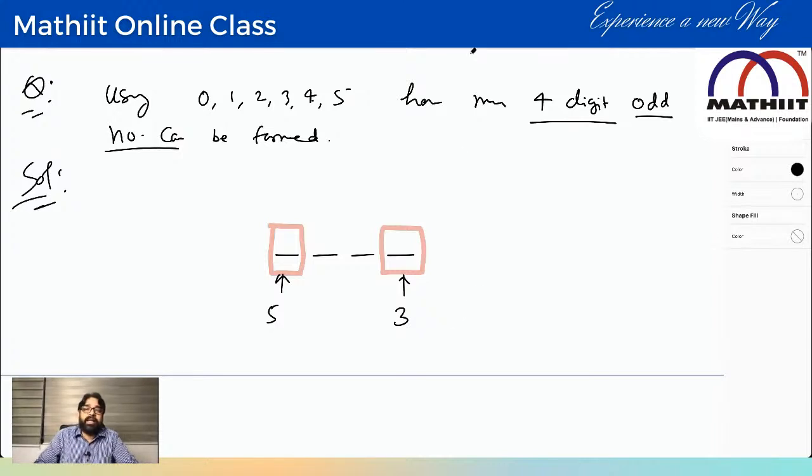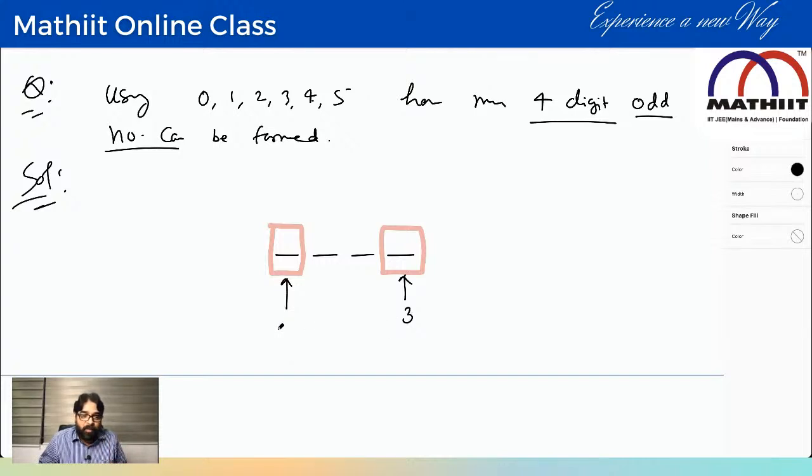So to avoid that confusion, what we will do is start with the last place. Suppose we start with the last place. This place can be filled in 3 ways: either 1, 3 or 5. Now this place can be filled in how many ways? I'm dragging this question just to make sure that you understand the problem.